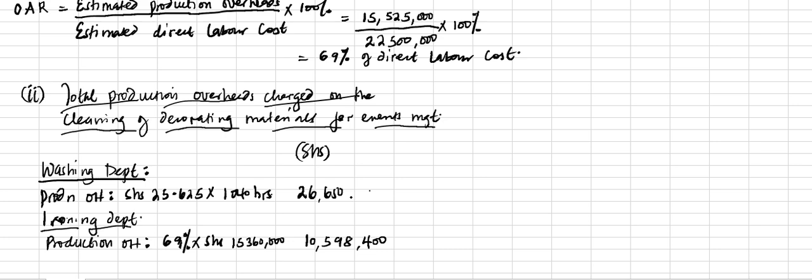26,650 thousand. In the ironing department, they will incur that. So when you add, you come up with what we call the total production overheads that will be charged to that job, and that is 10 million 625,050.